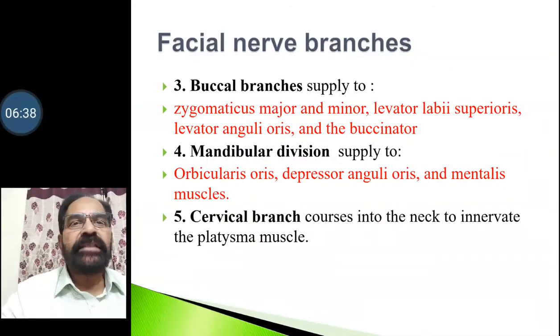Then we have buccal branches that supply zygomaticus major, minor, levator labii superioris, levator anguli oris and buccinator. Then the fourth one is mandibular division. It supplies orbicularis oris, depressor anguli oris and mentalis muscles. Then we have cervical branch that courses down into the neck to innervate the platysma muscle.